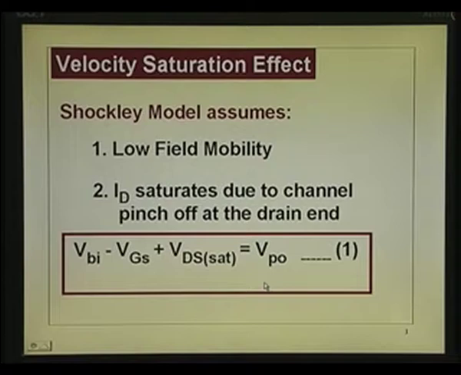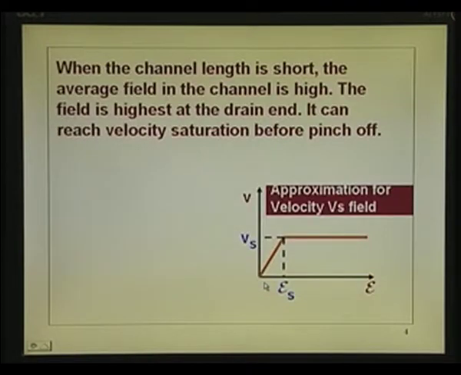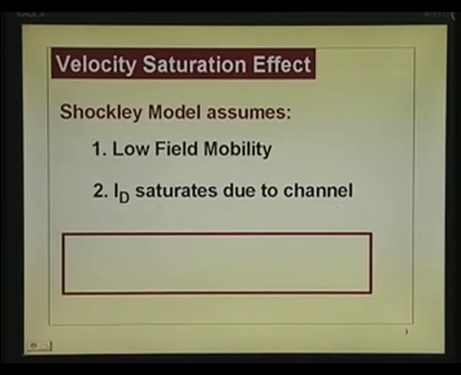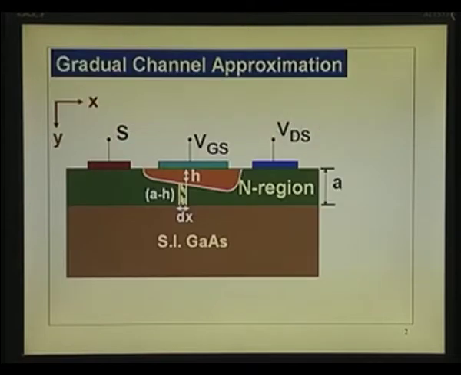Now, we discussed yesterday that such a situation is questionable, because as you move from the source end to the drain end, the current density keeps on increasing. Because the current density increases, velocity increases.